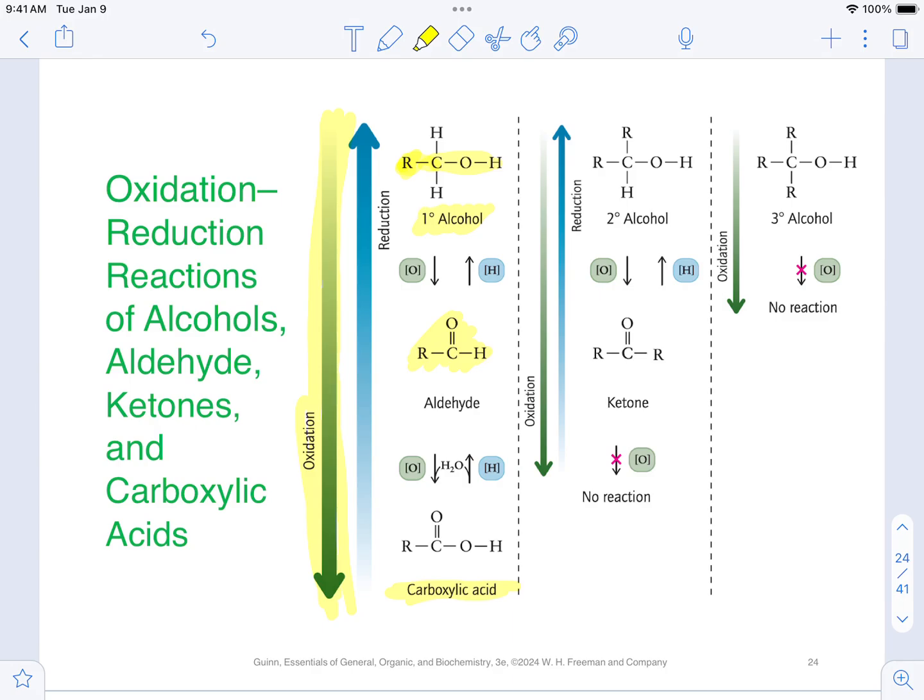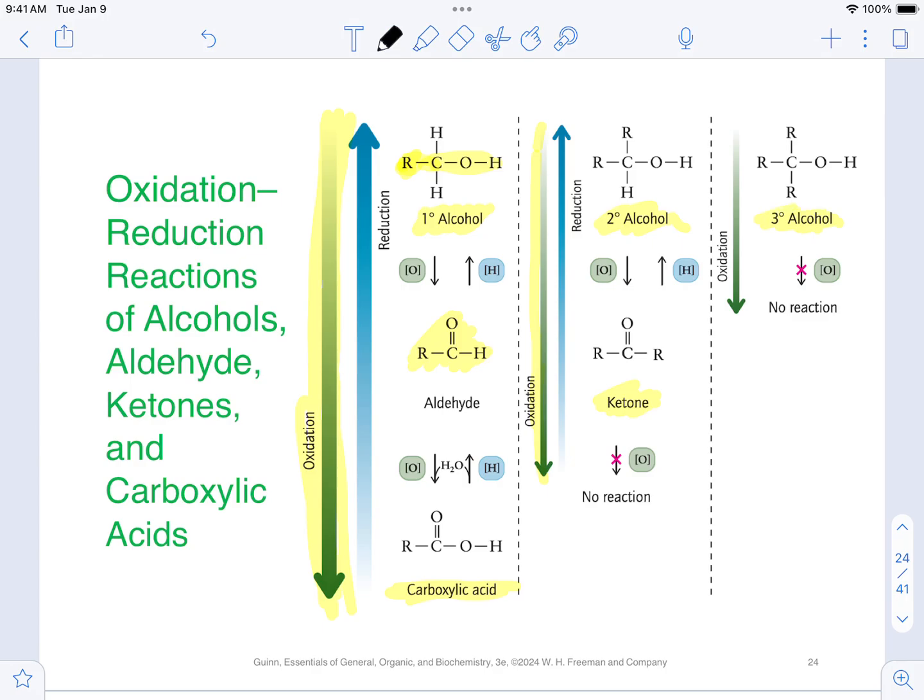Moving along, if you have a secondary alcohol, that will get oxidized, again going down here, to a ketone. And then if you have a tertiary alcohol, there is no reaction to that.